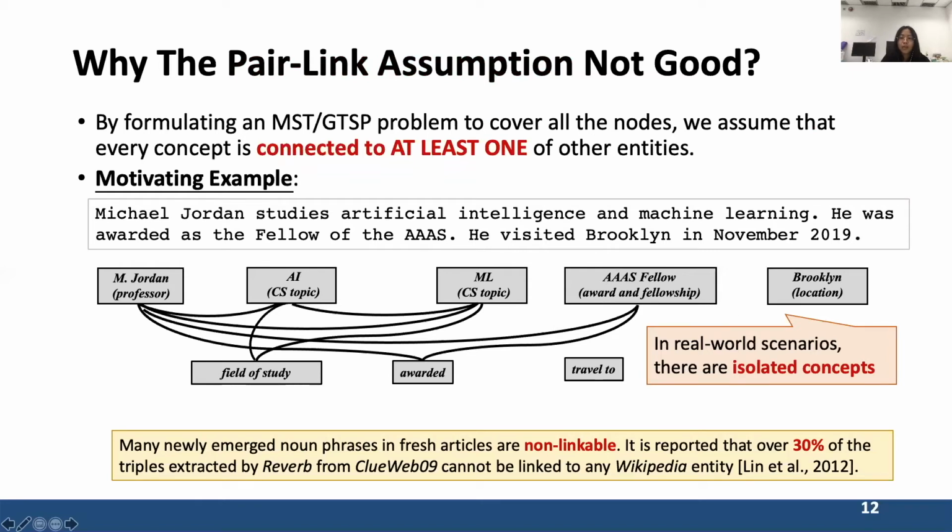Take this document as an example. The entity Brooklyn and the predicate travel to are not connected to any other concept in the document. Moreover, many newly emerged noun phrases in fresh articles are non-linkable. It is reported that over 30% of the triples extracted by ReVerb from a benchmark dataset cannot be linked to any Wikipedia entities.